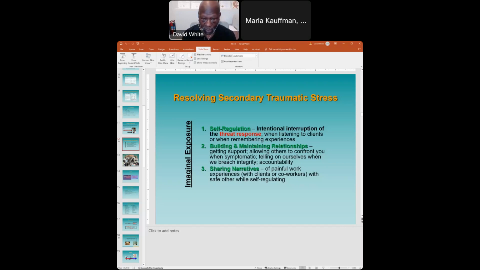If you see behaviors that are symptoms of sympathetic dominance, or situations where the person's nervous system looks like it's off, they're behaving in ways that tell you they might be suffering from secondary traumatic stress, you need to have a group of people, or at least one individual, that is going to call you on this and talk to you about what you're saying, and you're not going to immediately get defensive, but you're going to actually hear what they have to say.